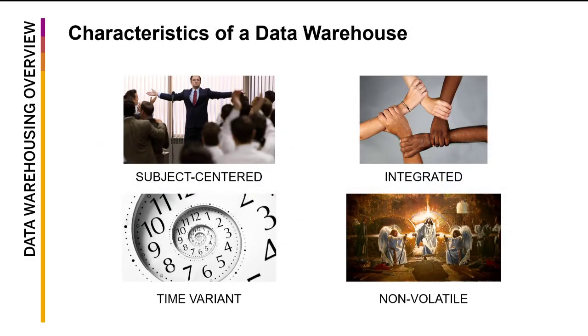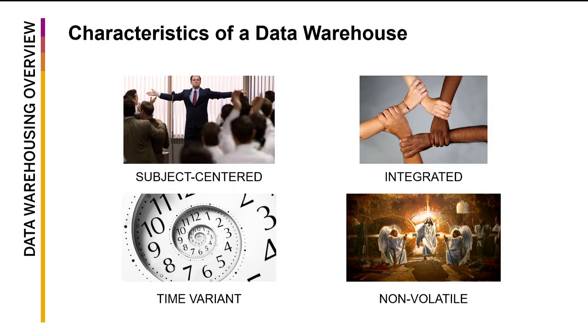Now, the data warehouse has the following characteristics: subject-oriented, integrated, time-variant, and non-volatile. When we say subject-oriented, a data warehouse is subject-oriented as it offers information regarding a theme instead of the company's ongoing operations.